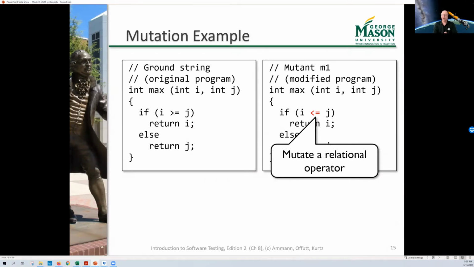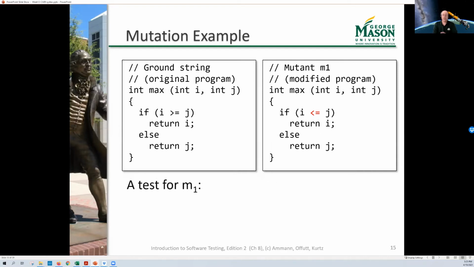Is there a test that I can write that'll kill it? Actually, this one's pretty easy, because really what I've done is I've turned max into min. So I could write a test to kill this. I could say assert equals 2, max of 1 and 2. And the original program will return 2. The mutated program will return 1. And by executing this test, I will have killed that mutant.